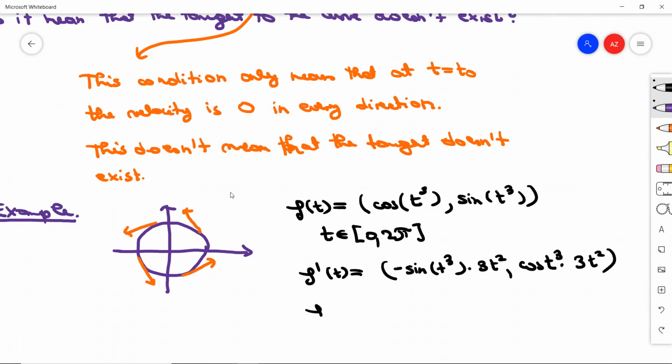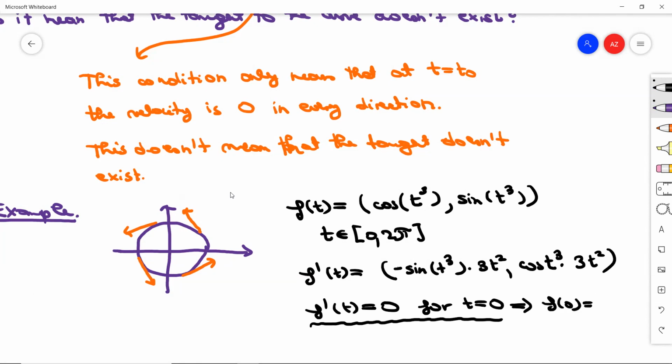And we see that f prime of t is equal to 0, for example, for t equal to 0. This corresponds to the point f of 0 equal to 1, 0.